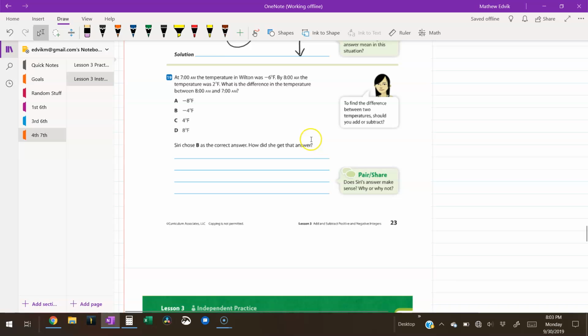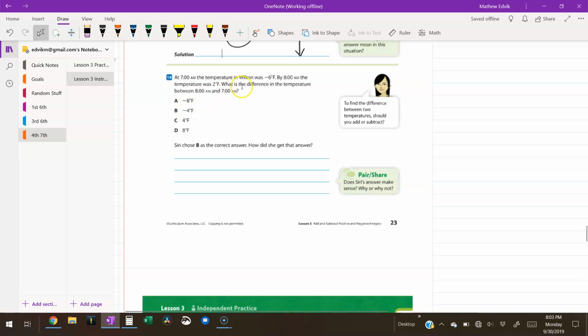How did she get that answer? So this is a different type of question than you finding the answer. It's asking you to think about what Siri chose.